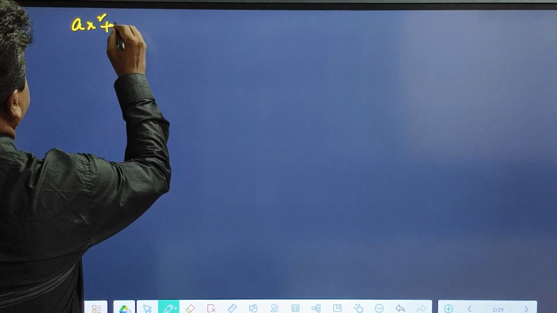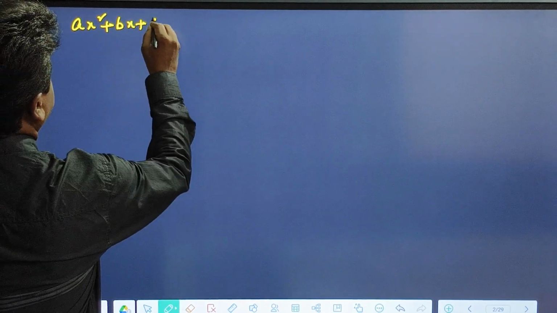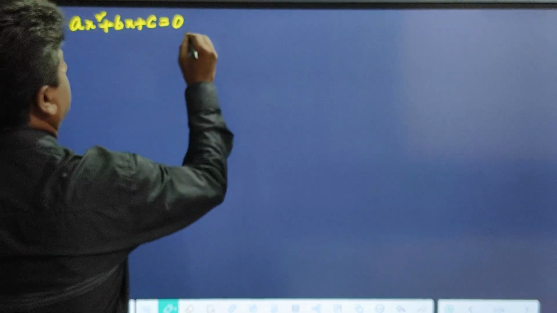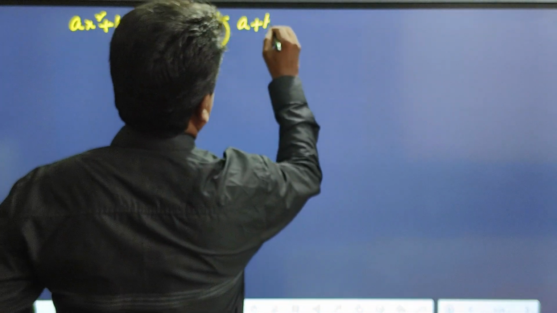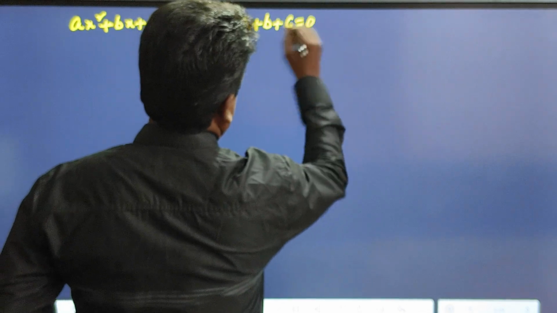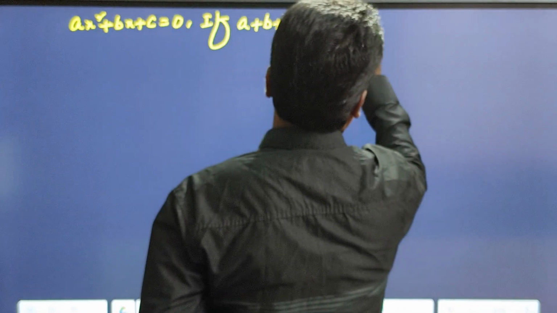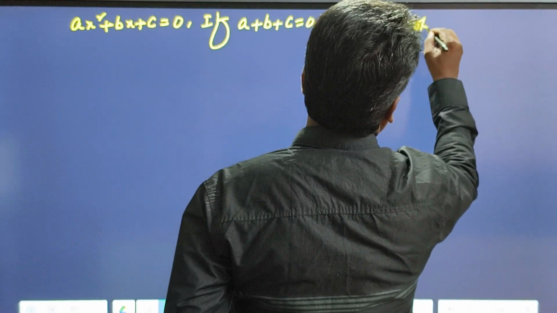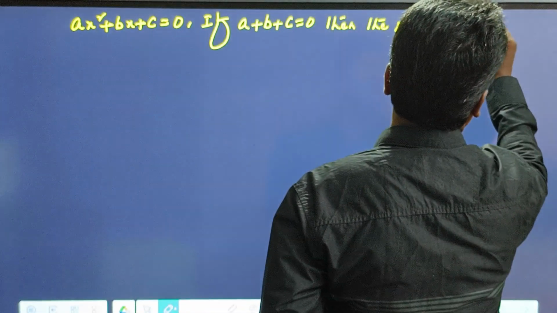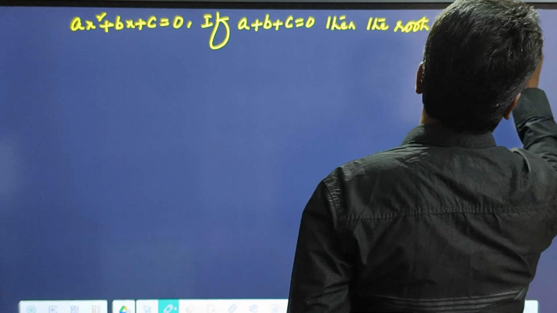Okay, in this we have learned that in the quadratic equation ax square plus bx plus c is equal to 0, if a plus b plus c is equal to 0, then the roots are 1 comma c by a.